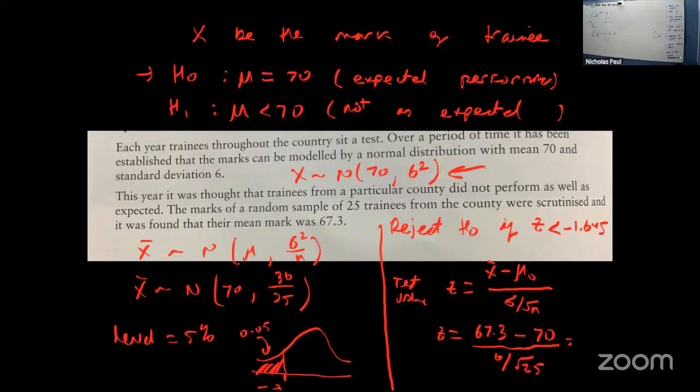Some people, instead of writing sigma on root n, work out 36 on 25 and square root it, and that's the value that will go for sigma. But the reason why I like to write sigma on root n is to remind you to use the old sigma and use the old root n. Okay, we'll calculate that, and what you get should be a minus. That's our test value.